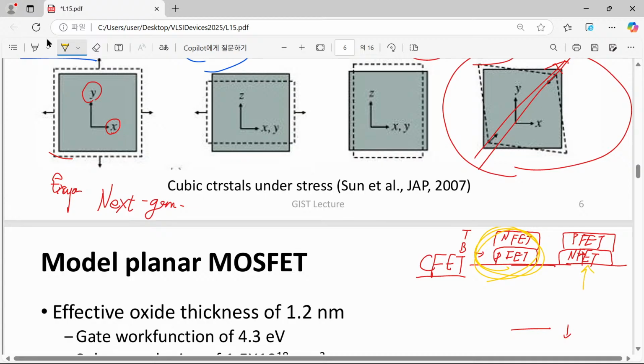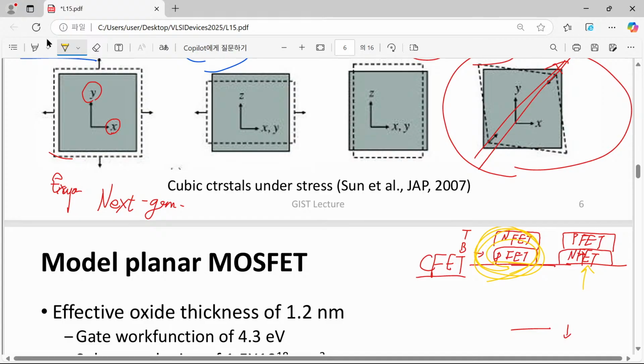What is the main reason? It is related with strain. In the case of this P-FET bottom case, we can apply sufficient stress to our PMOSFET, so PMOSFET performance can be maintained.